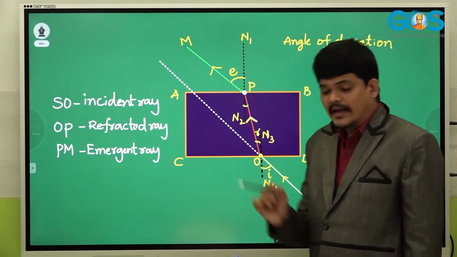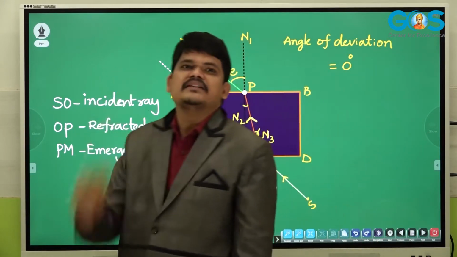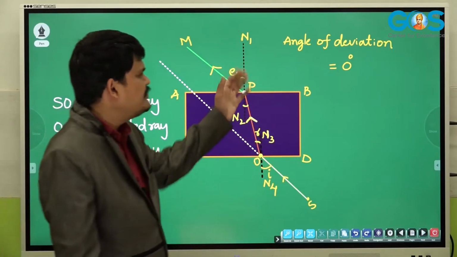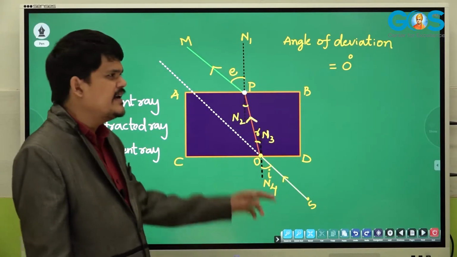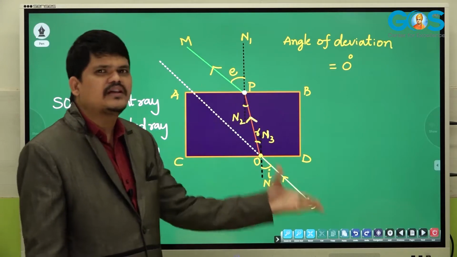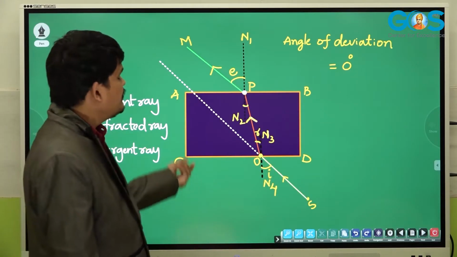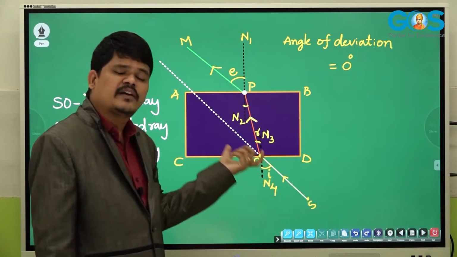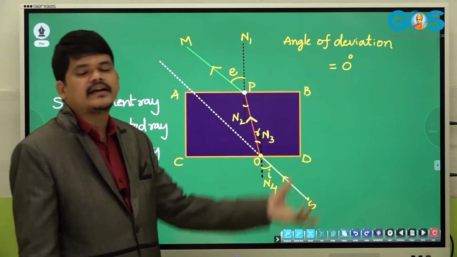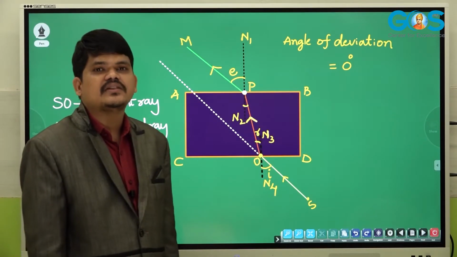Now the actual task begins. So what is our aim? Our aim is to show that the angle of deviation suffered by a light ray which passes through the rectangular glass slab is 0 degrees.